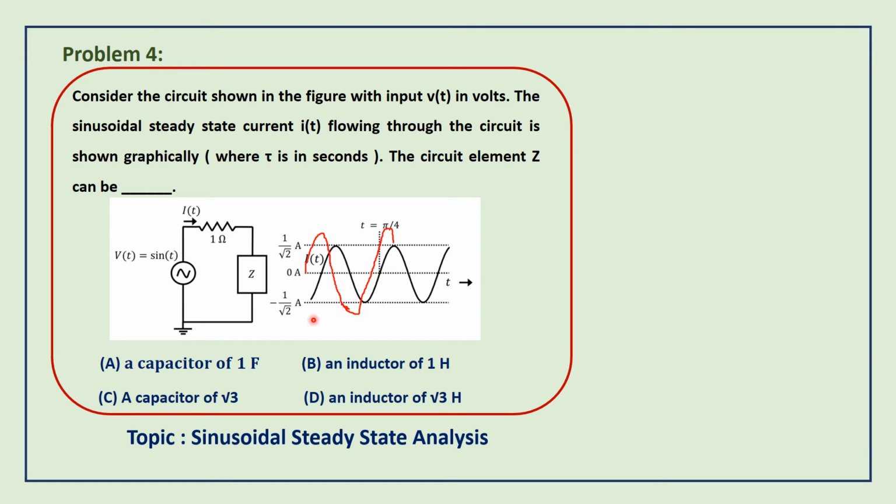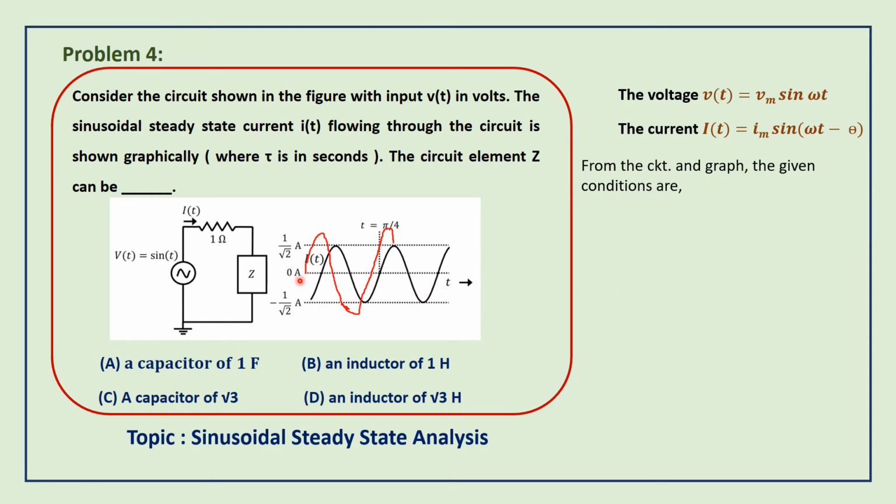Commonly, the voltage V(t) = Vm sin ωt, and the current I(t) = Im sin(ωt − θ), where θ is nothing but the delay, given as π/4. Here itself we can find out the value of Z. We need to find out whether Z can be an inductor or capacitor. For the inductor only, the current lags behind the voltage.